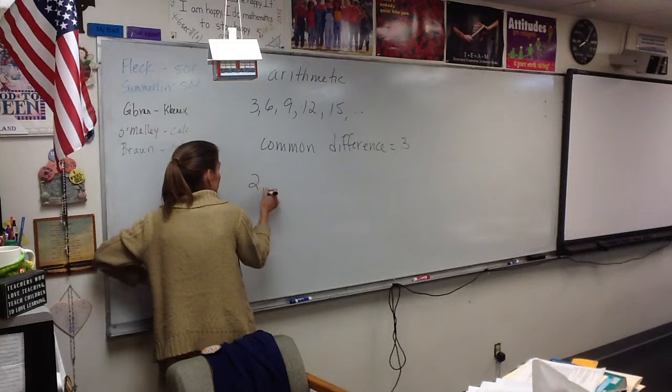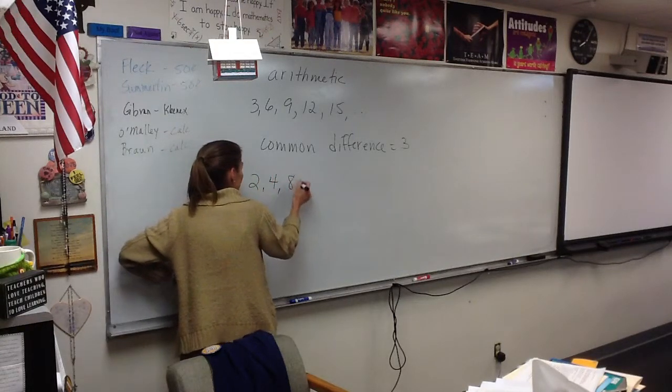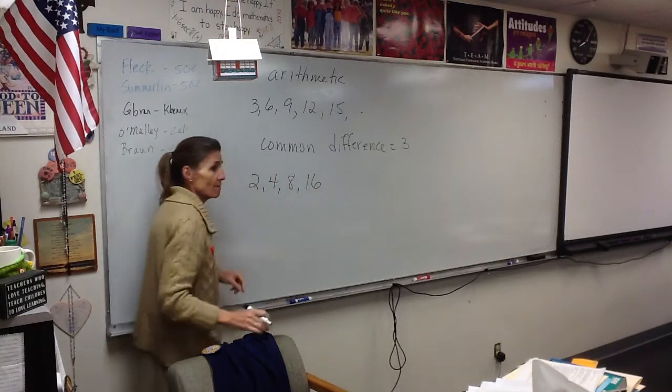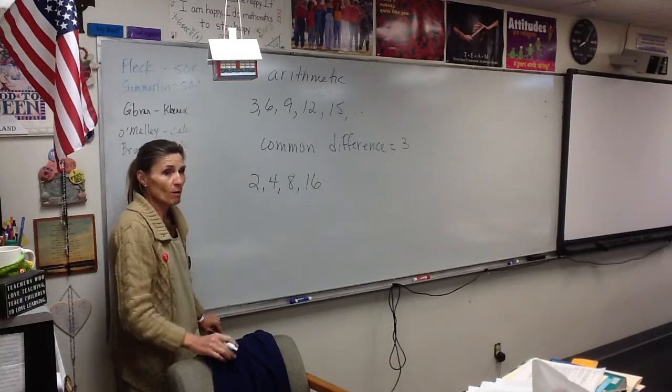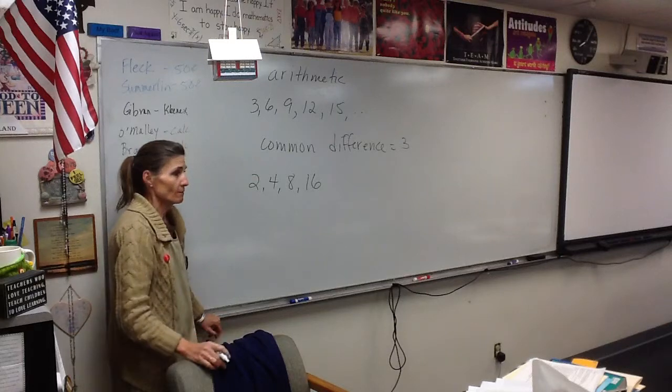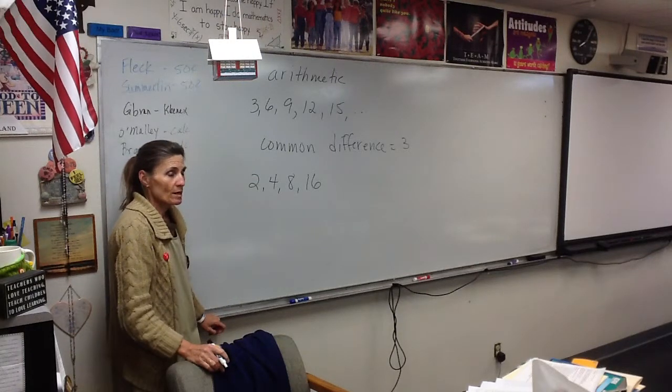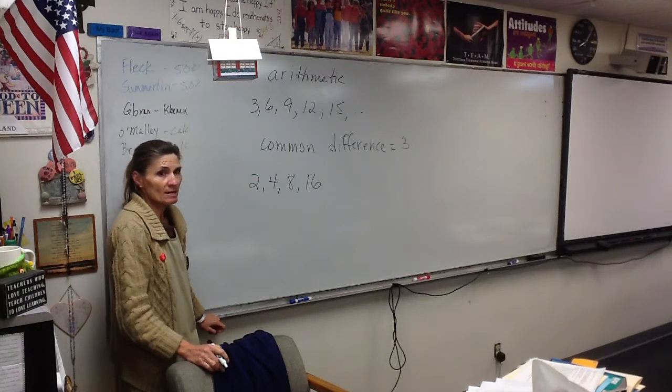2, 4, 8. Okay, well, let's look at that guy for a minute. We'll talk about him in a minute, but he's a whole different ball game. What's going on there? We are not adding the same thing to get from term to term. What are we doing? Multiplying.